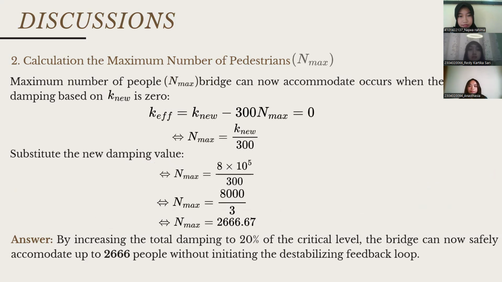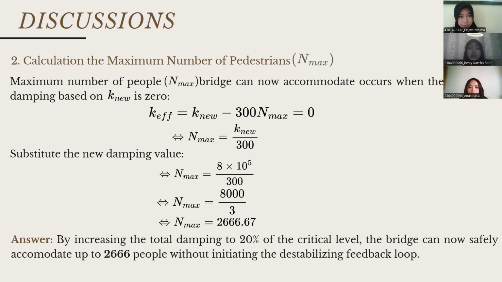And next, we must calculate the maximum number of pedestrians, or NMAX. The maximum number of people the bridge can now accommodate occurs when the effective damping based on K nu is 0. So Kf equals K nu minus 300 NMAX equals 0, and we got NMAX equal to K nu over 300. We substitute the new damping value into NMAX.